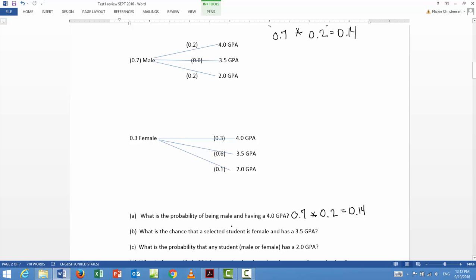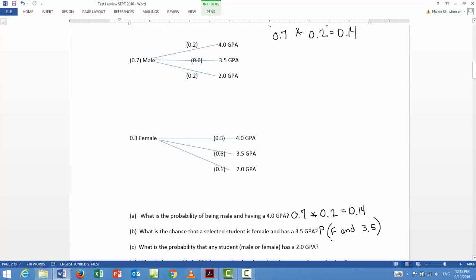So let's do this one then. What's the chance that the selected student is female and has a 3.5 GPA? That's asking probability of female and 3.5. Probability of female is 0.3.